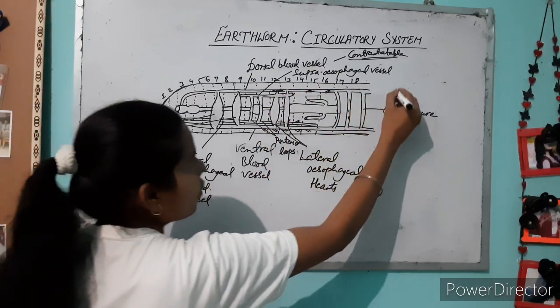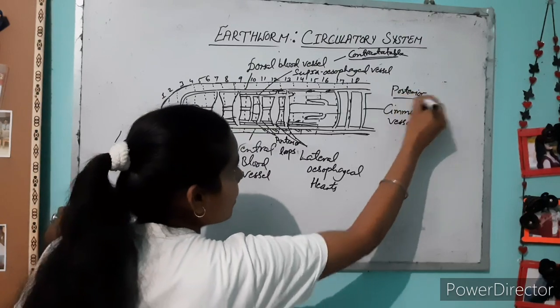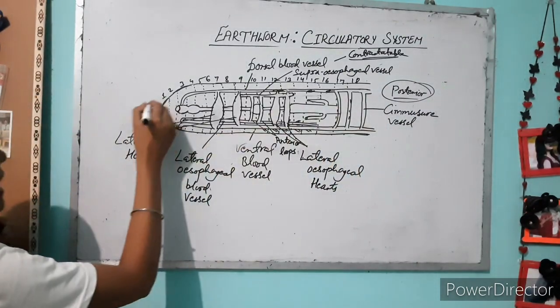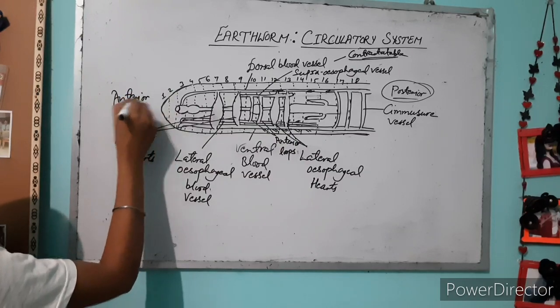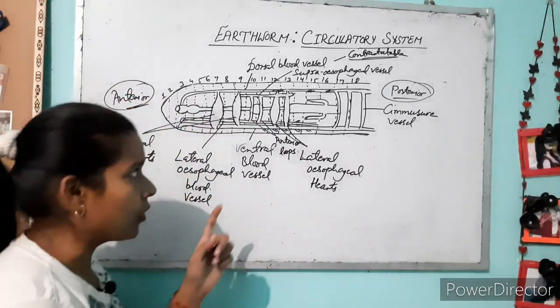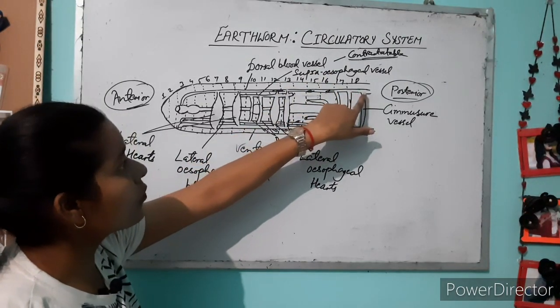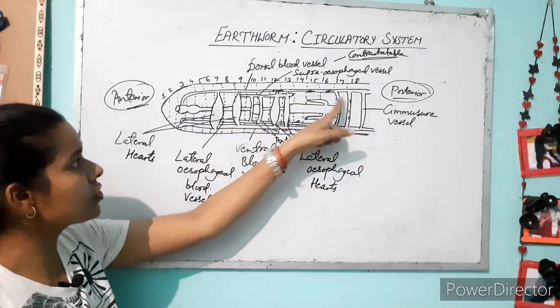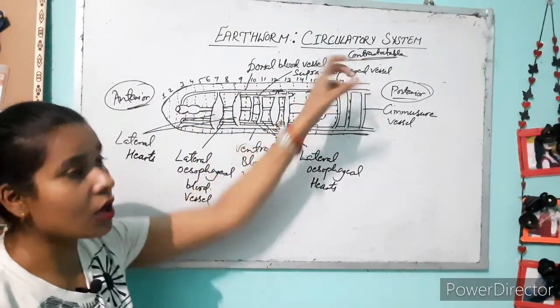This is the posterior part of the earthworm, and this is the anterior part. So the blood will flow from posterior to anterior in the dorsal blood vessel, and this is contractable.